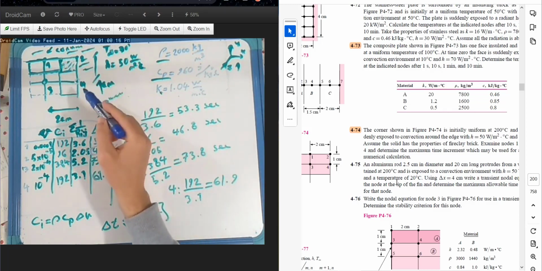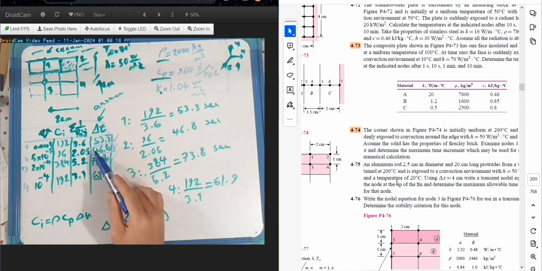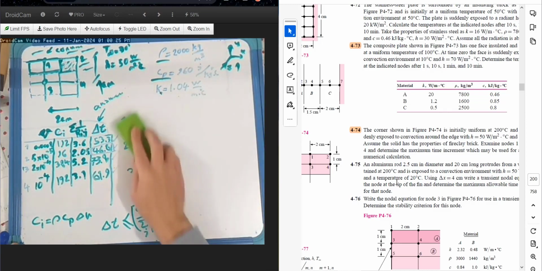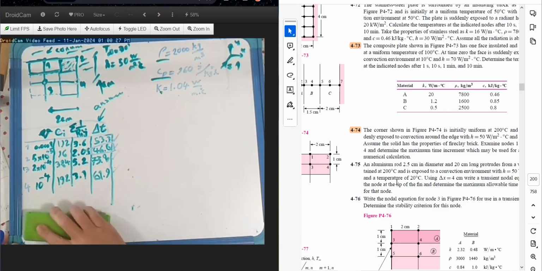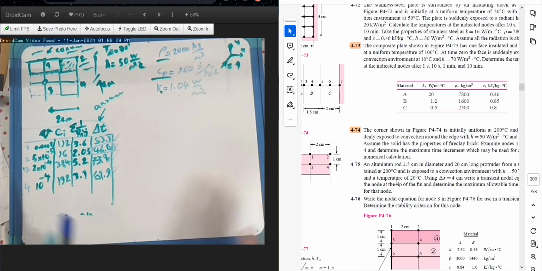So the time increment for this point is 46.8 seconds.